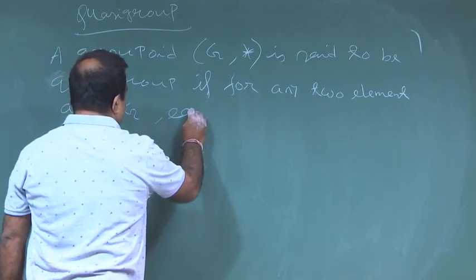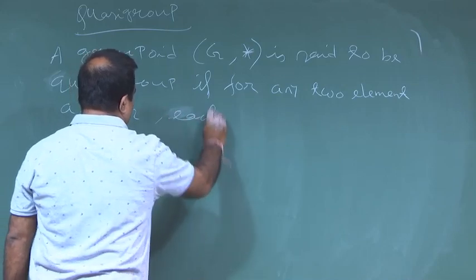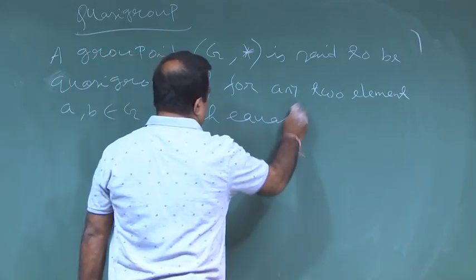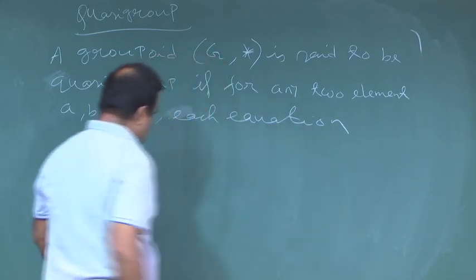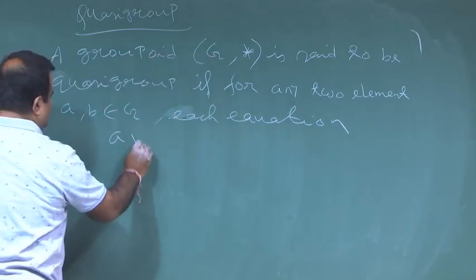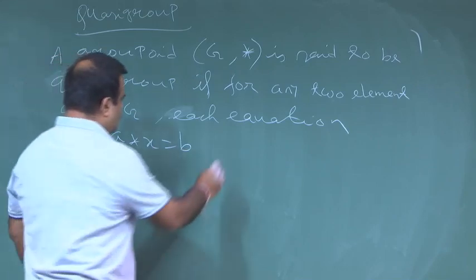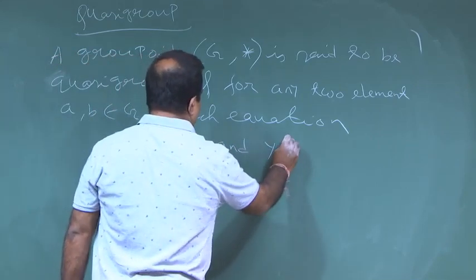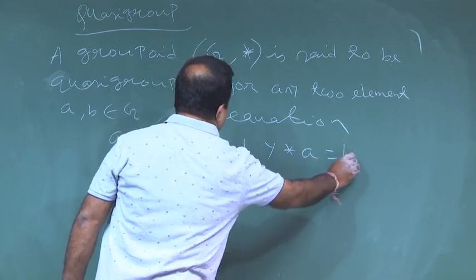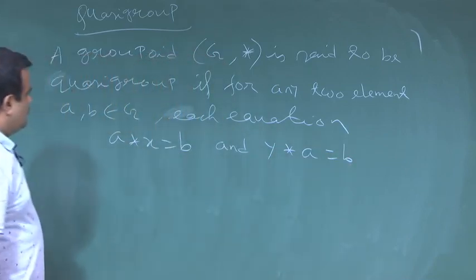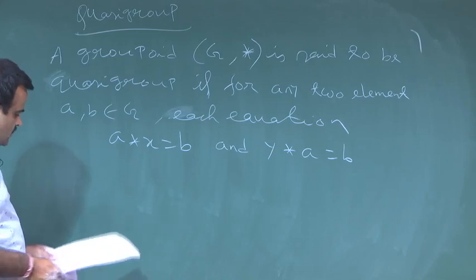each equation like A star x equal to B and x star A is equal to B has a unique solution.